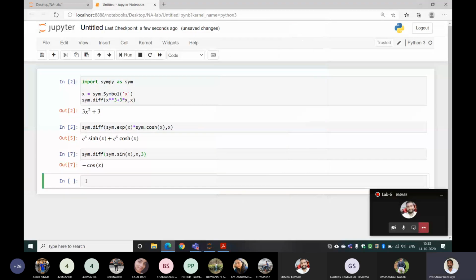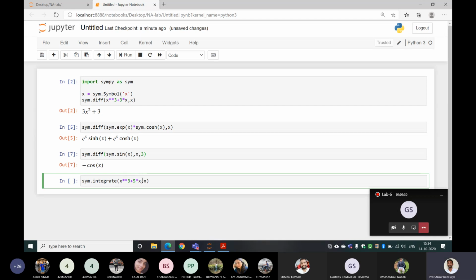The correct command is integrate. So sym.integrate. Which function do you want to integrate? Tell me, I will integrate that function. Integration with respect to x of x cube plus 5x. Same function, but 5x instead of 3x, no problem.